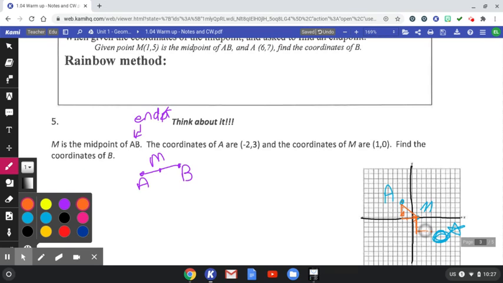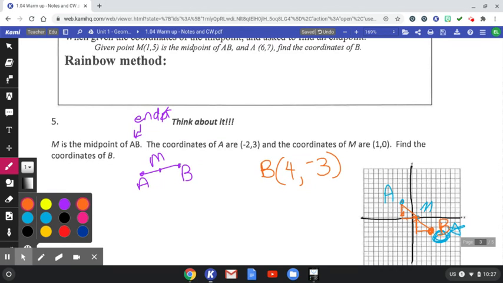So from A to find B, to have that distance be the same, we would continue the process. Then we could count it out. That's 1, 2, 3, 4 boxes over and 3 boxes down. So point B in the x direction is 4 boxes to the right, and negative 3 moves us down. So that's our coordinates of B.